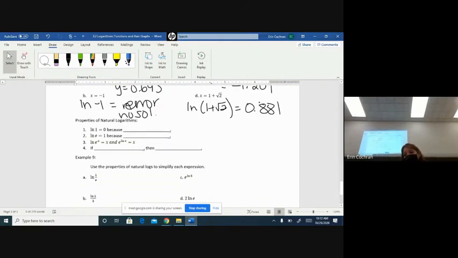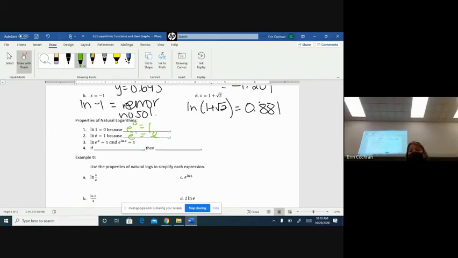Why do you think the ln of 1 is equal to 0? Because e to the 0th power is equal to 1. ln of e equals 1 because e to the 1st power is equal to e.